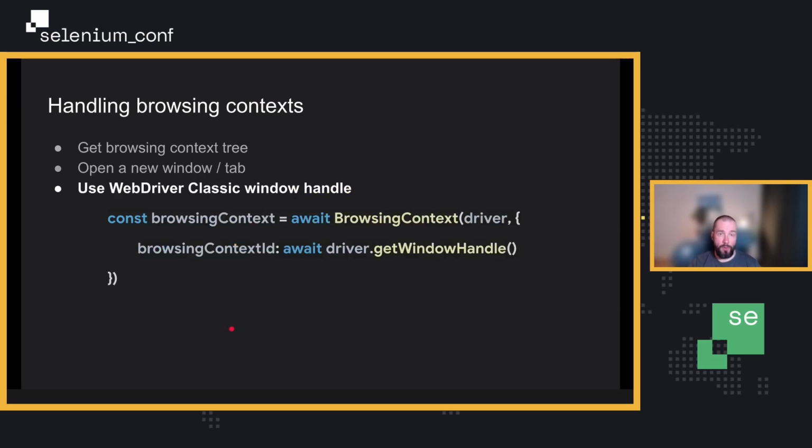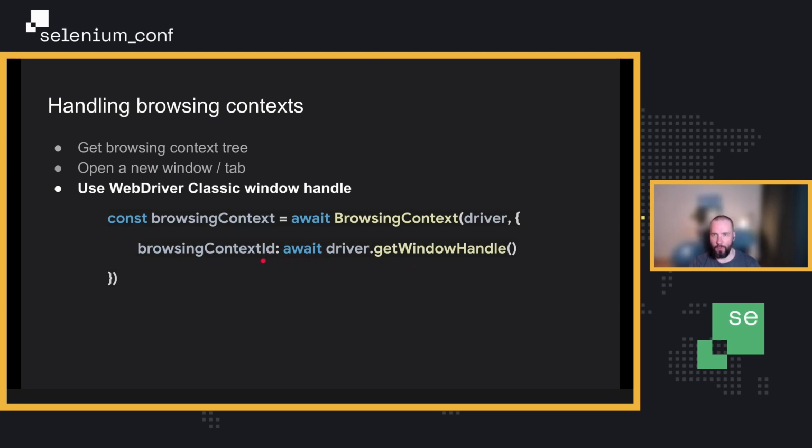You can refer to the browsing context using the classical window handle, it's cross-operable. So here, for example, you can create a browsing context which will be the very same as the active driver, the active tab. So this getWindowHandle will return a WebDriver classic handle, but it can be used in BiDi.